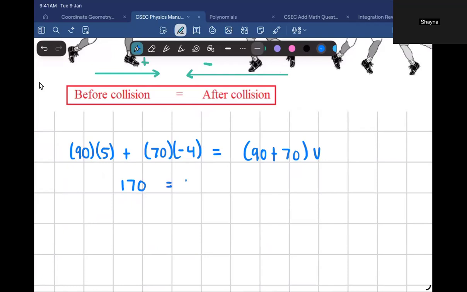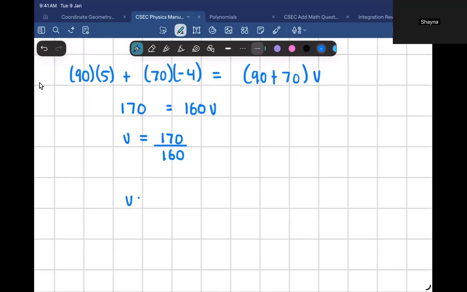And this would be 160 V. So what would V be equal to? 170 over 160. Right, what is 170 over 160? 1.06. 1.06 meters per second.